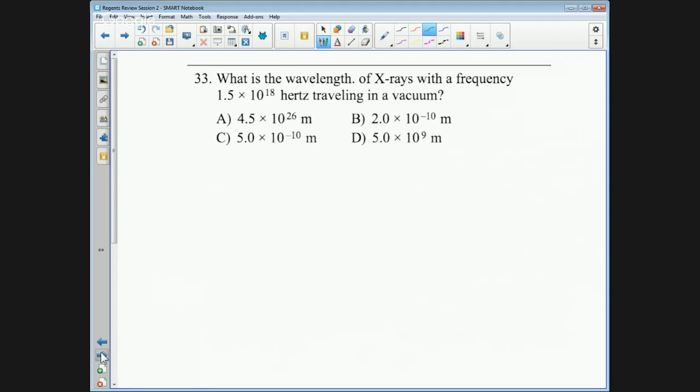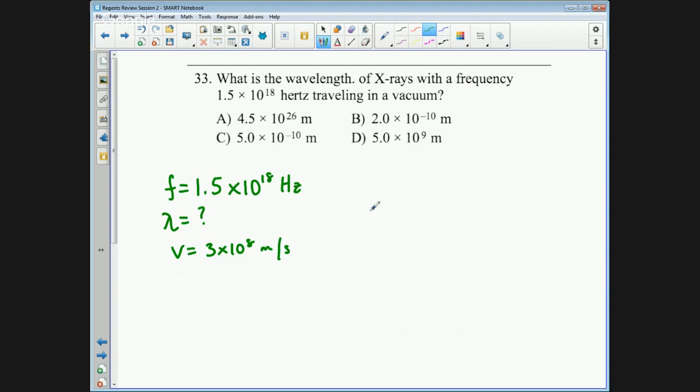33 says, what is the wavelength of X-rays with a frequency of that traveling in a vacuum? Okay, so we have frequency equals 1.5 times 10 to the 18 hertz. The wavelength is what we're solving for. And it says it's an X-ray. An X-ray is light, so it's traveling at the speed of light, 3 times 10 to the 8 meters per second.